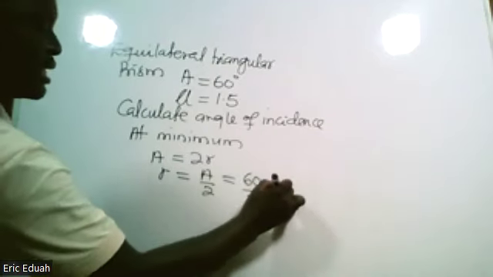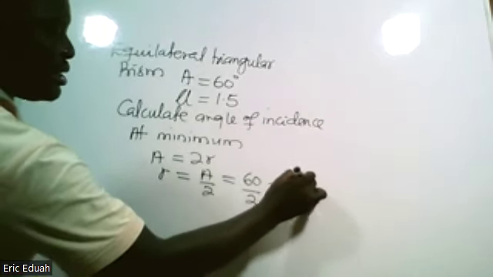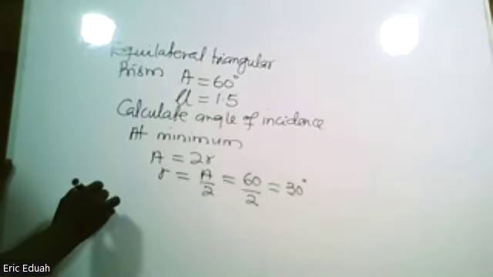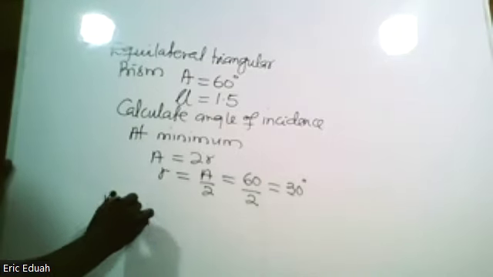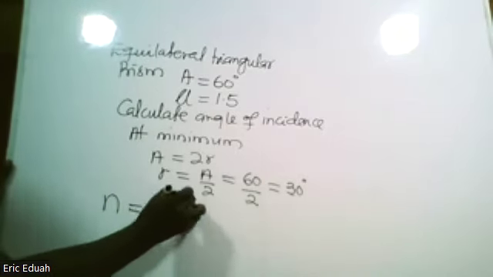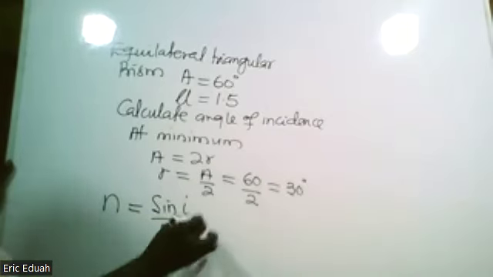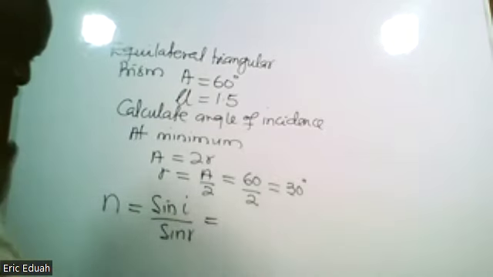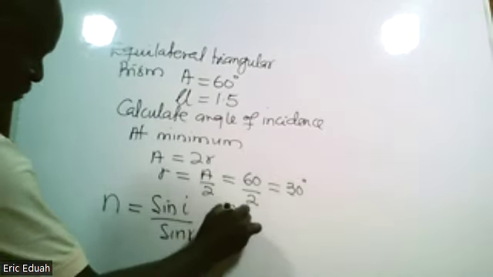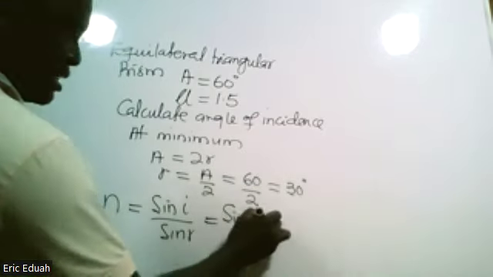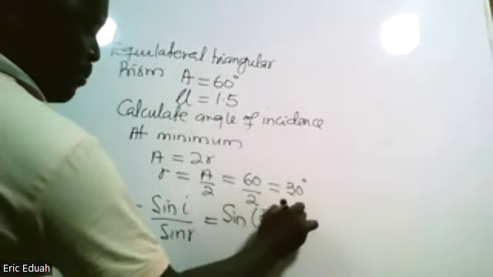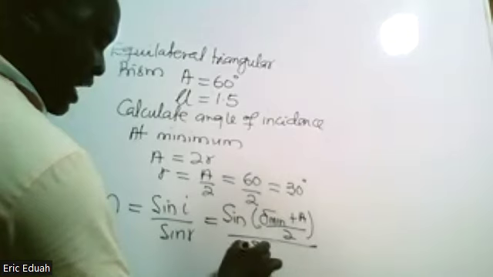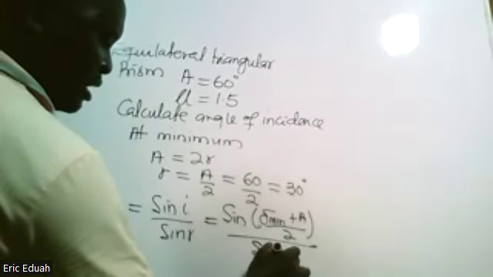So it means that R is 30 degrees. At the minimum deviation, the refractive index is sine I over sine R. But under that special condition, we say that n is sine of (minimum deviation plus A) over 2, over sine of A on 2.